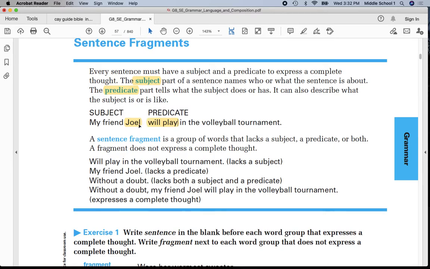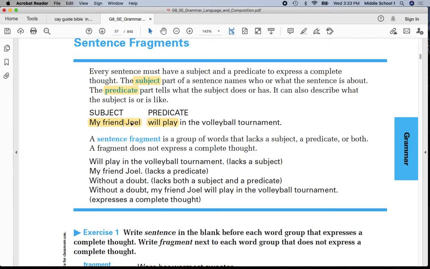My subject is Joel. My predicate, my verb, is will play. My complete subject is everything up to the verb: my friend Joel. Everything past that point, will play in the volleyball tournament, is called the complete predicate.